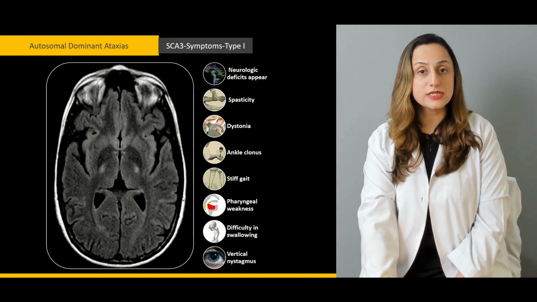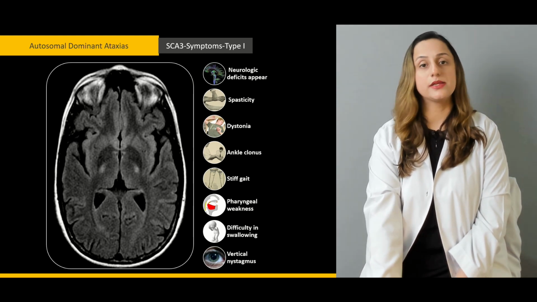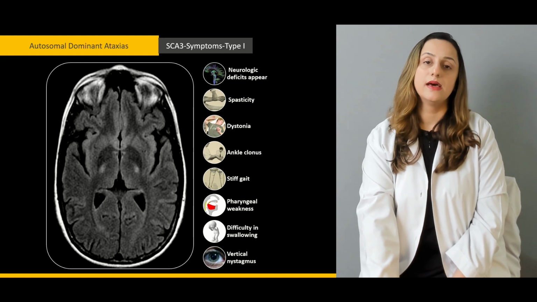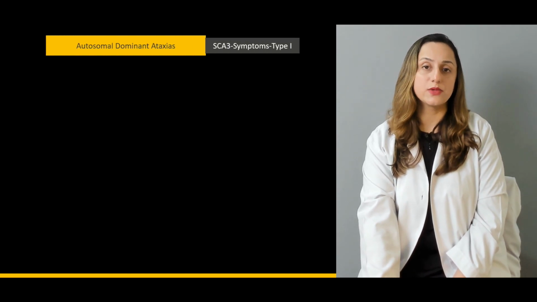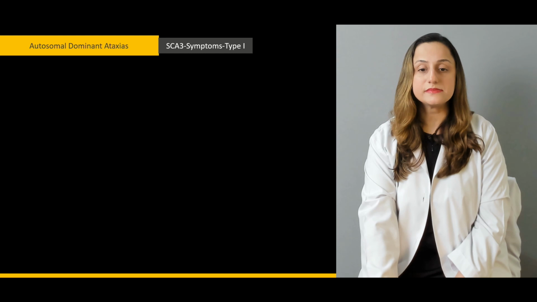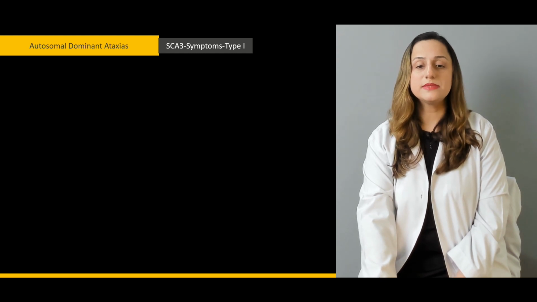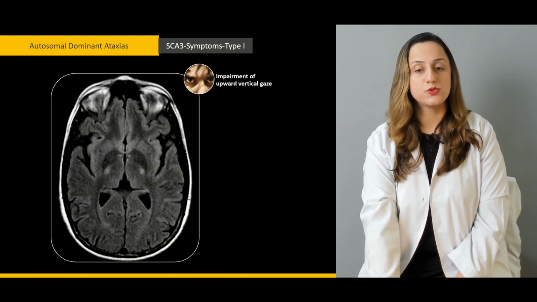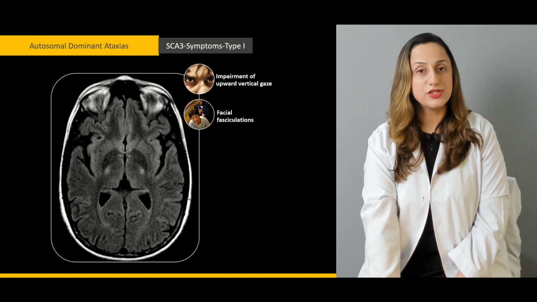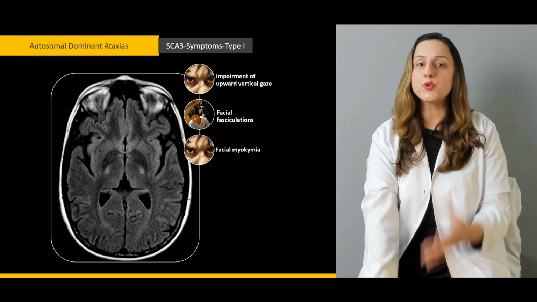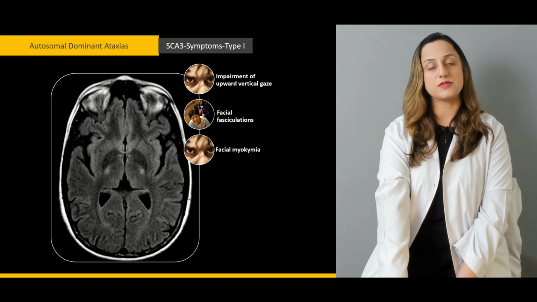The patient is going to suffer from vertical nystagmus rather than horizontal nystagmus in this third variety of spinocerebellar ataxias. Now, the symptoms of this patient would be an impairment of the upward vertical gaze, facial fasciculations. Small twitching movements are basically known as fasciculations.